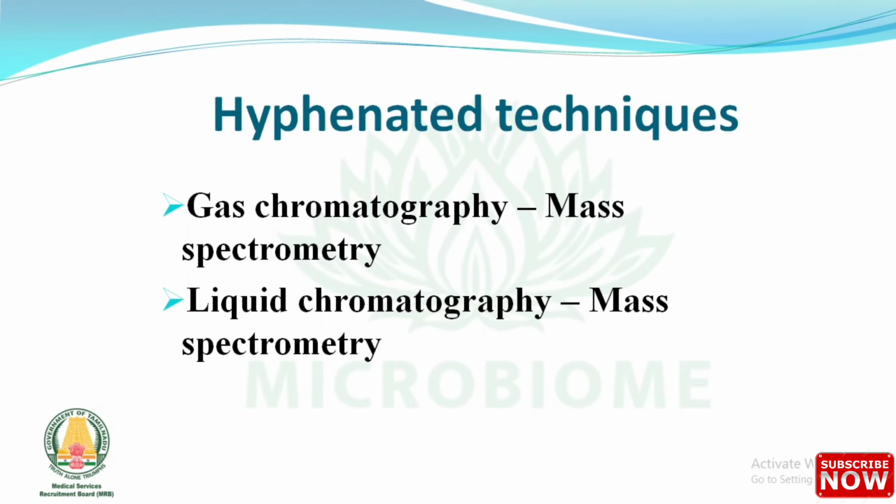And next, hyphenated techniques: gas chromatography and mass spectrometry, then liquid chromatography and mass spectrometry. In gas chromatography mass spectrometry, the GC portion of the system provides separation of volatile organic solutes, and the MS portion of the system takes each gaseous solute eluting out of the gas chromatograph and ionizes it in an electron beam.